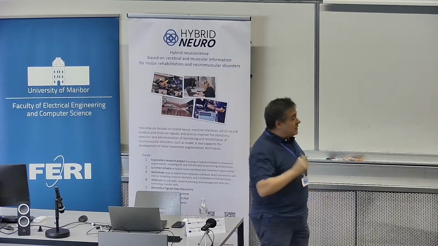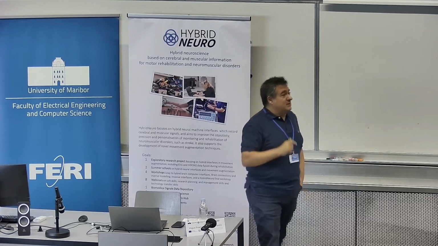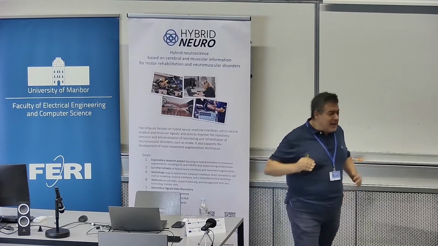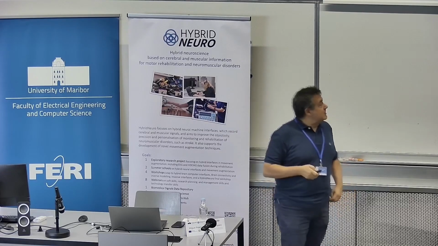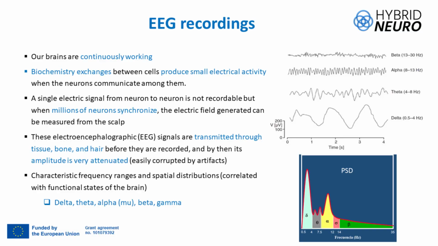In this process there are many effects, like attenuation, but also the activation is propagated and spread to different areas. This is a problem that is especially important in brain connectivity, as we will comment later.